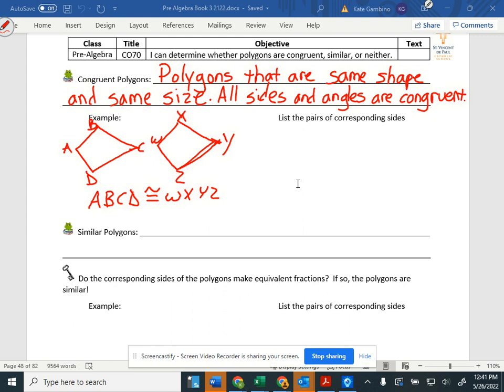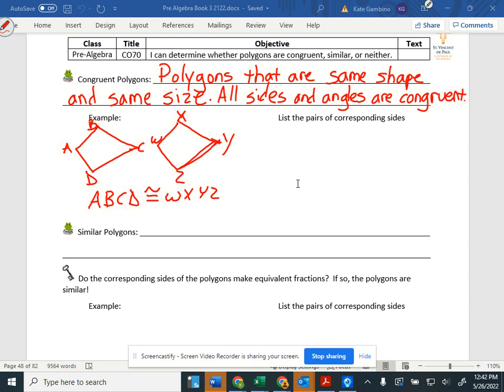So this symbol right here, the equal sign with the squiggle above it, means they are congruent. They are identical. Same shape, same size. Everything is the same measurement. Angles, same measurement. Sides are the same measurement. So when you see the equal sign with the squiggle, it means it's congruent.